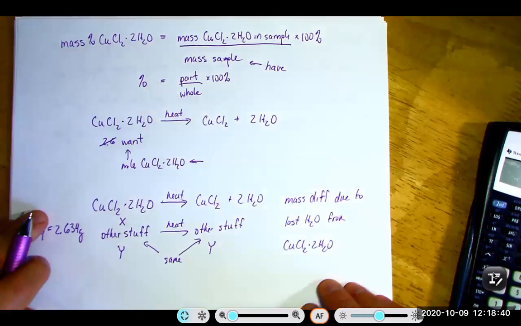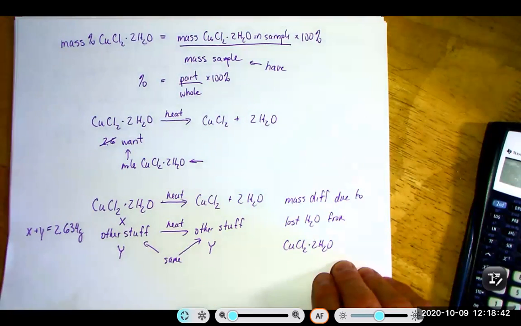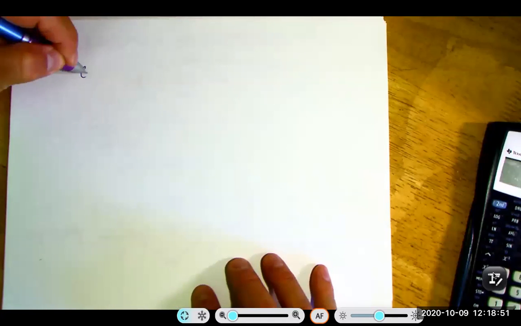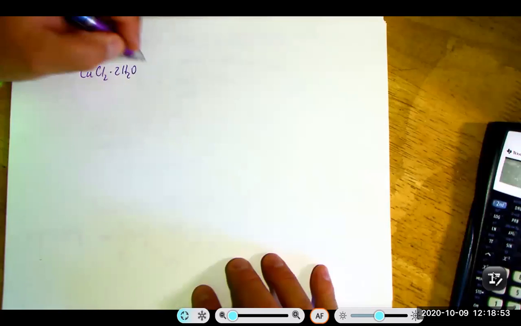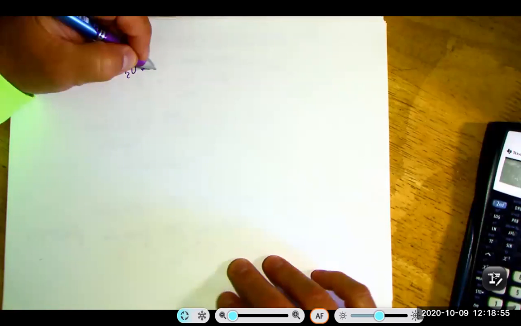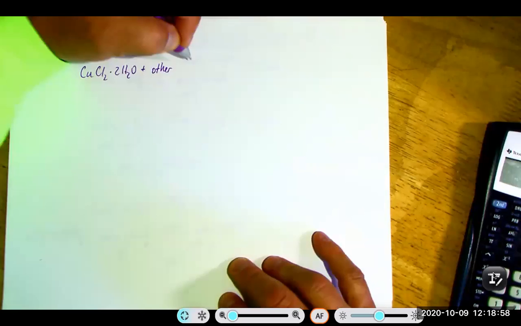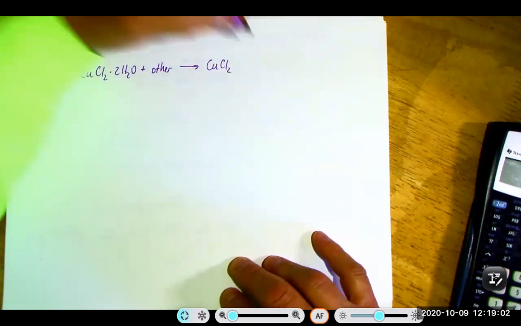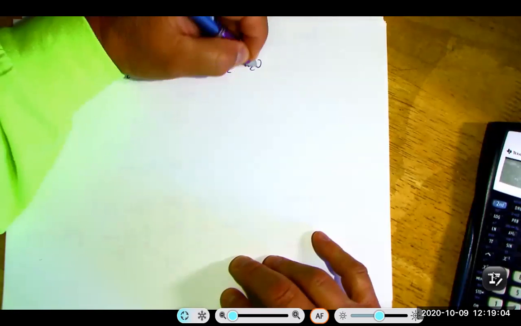Another way you could write this would be something like this. Copper 2 chloride dihydrate plus other turns into copper 2 chloride plus H2O plus other.